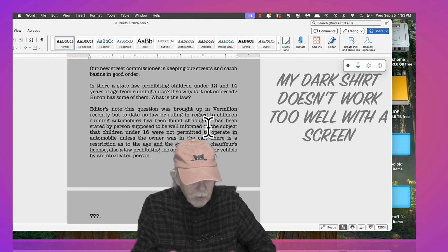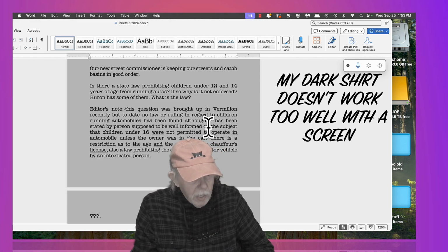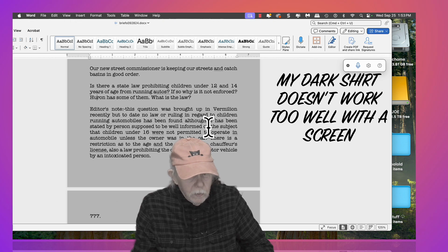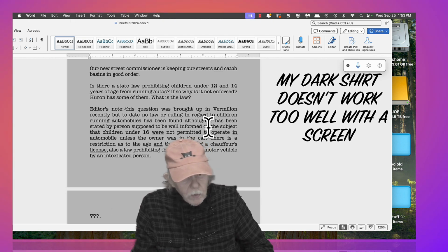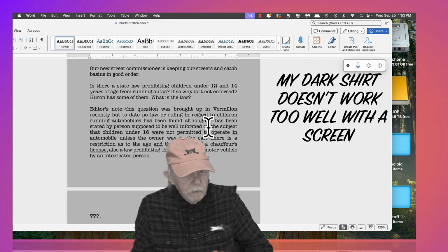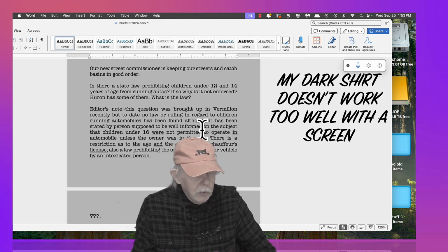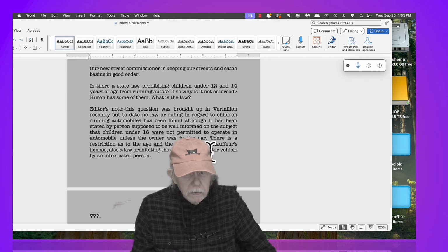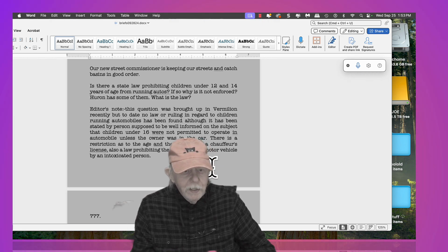But this is before driver's licenses. I suppose a youngster could drive a car, why not? Really, it's not hard or difficult. But those were the days, in the beginnings of the automobile revolution here in Vermilion and elsewhere. Anybody could drive a car. I just wanted to point that out to you. It's just, to me, unusual.